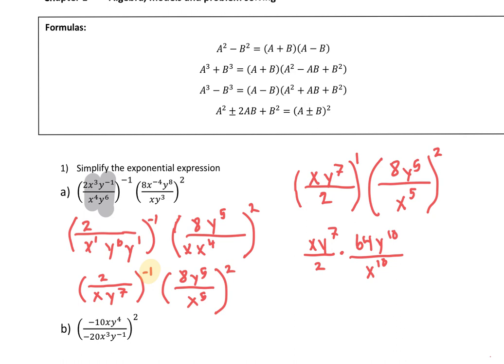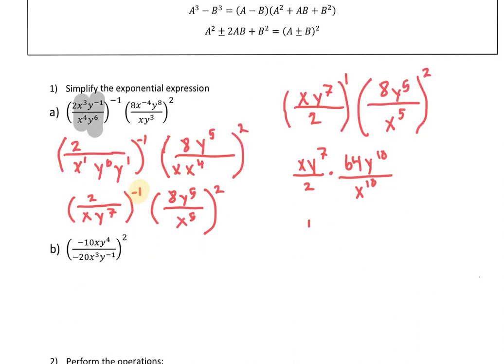Okay, we combine like terms, so we get here. I'm actually going to just write them kind of by each other so it's easier to read this. We end up with, I'm going to write the constant 64, x, y to the 7th, y to the 10th. Then on the bottom I have 2x to the 10th.